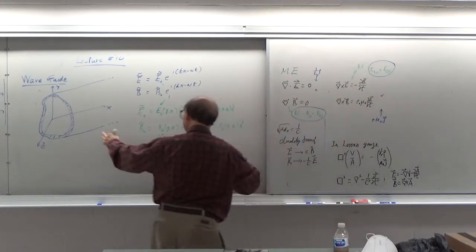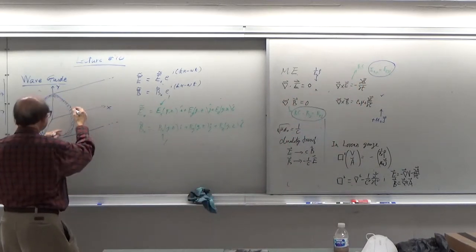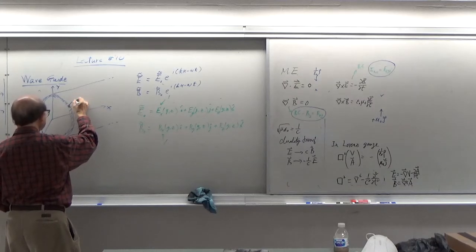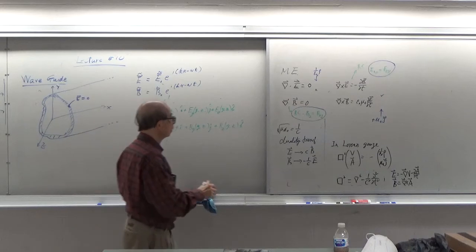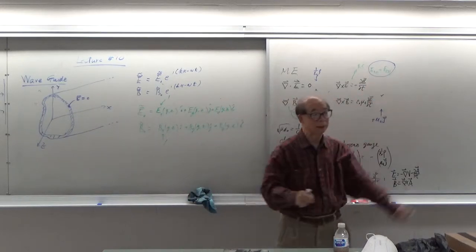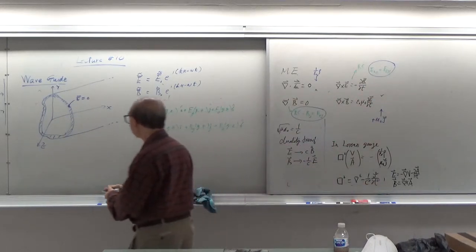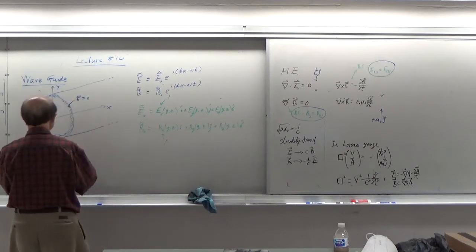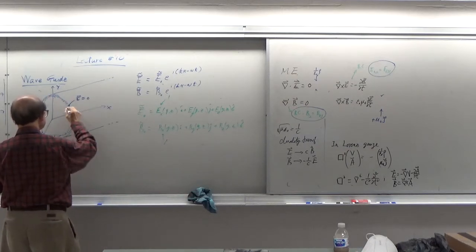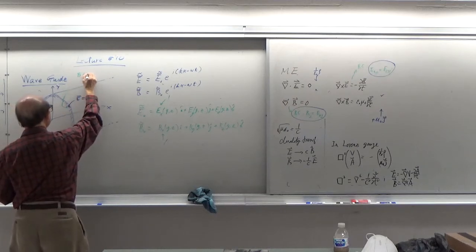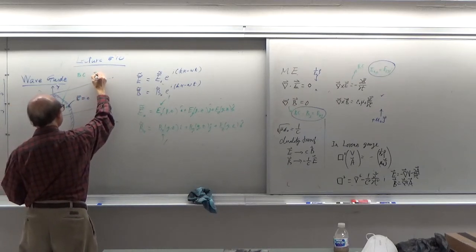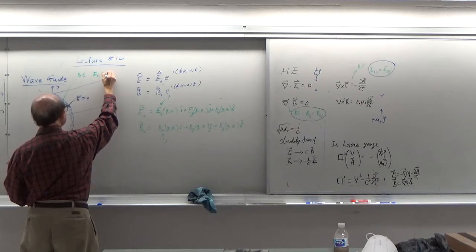E being continuous, since inside the conductor the electric field E is 0, obviously the parallel component of E is also 0. So that means that the boundary condition on the boundary would be E parallel is 0.